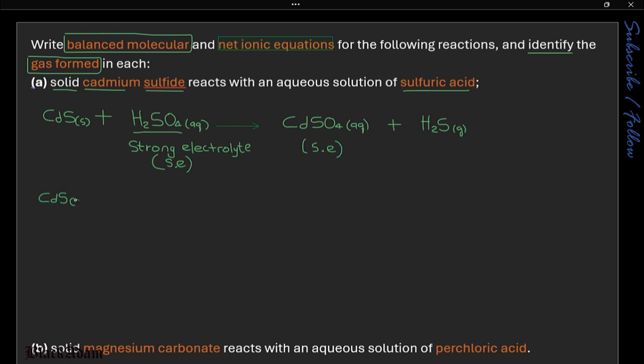We write the equation above, and then we break the strong electrolytes into the ionic form, the charged form.